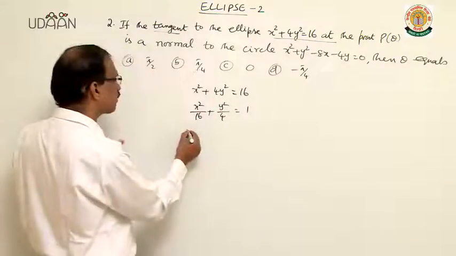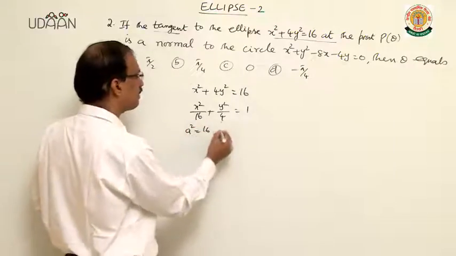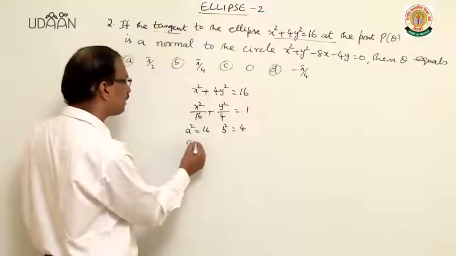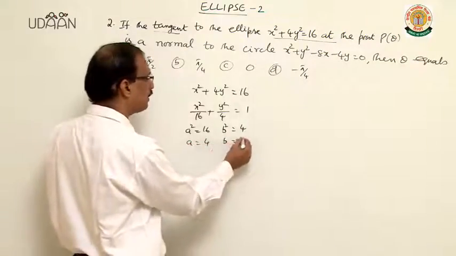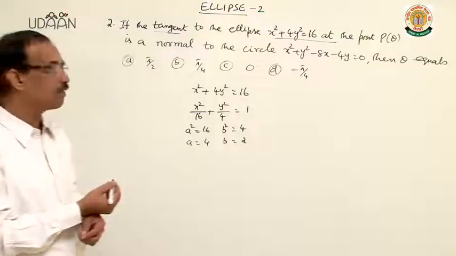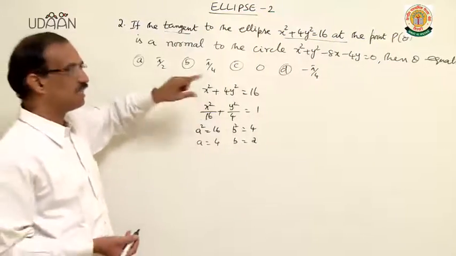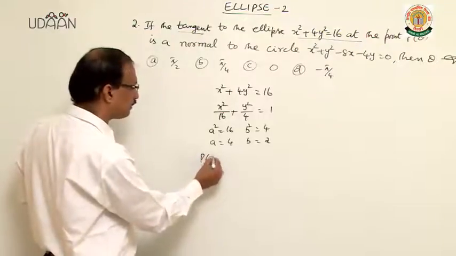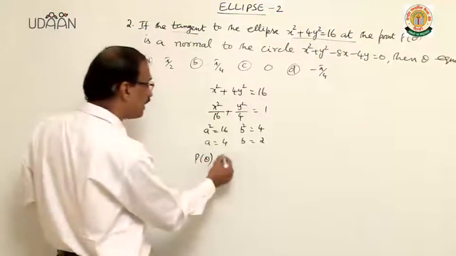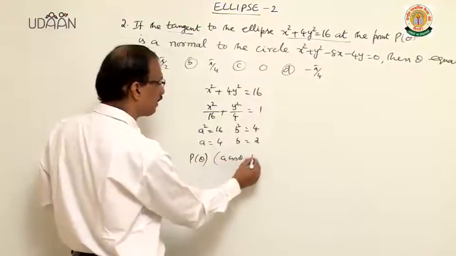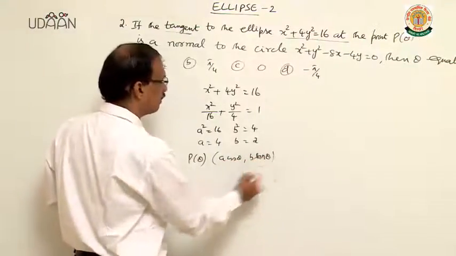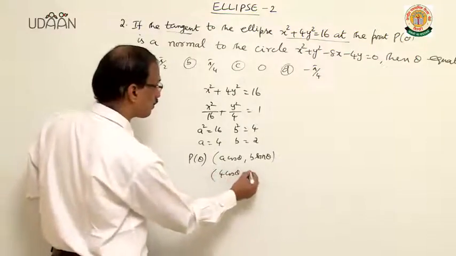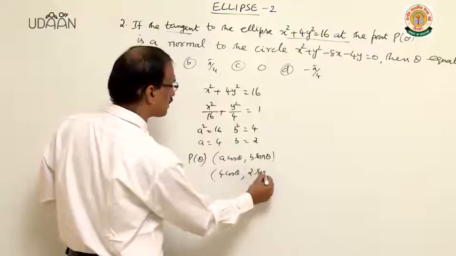Here a square is 16 and b square is 4, or a equals 4 and b equals 2. So any point on this ellipse in parametric form, that is your P of theta, will be a cos theta comma b sin theta. What is a here? 4. So 4 cos theta comma 2 sin theta.